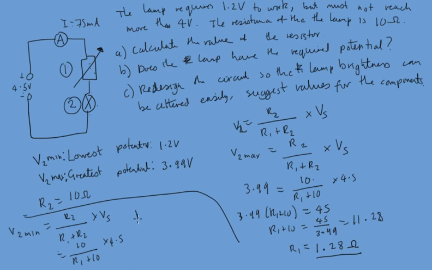So we end up with R1 as 27.5 ohms. And that would give you the minimum value for the lamp to work. So this would be our new circuit diagram, and the resistance would be between 1.28 and 27.50 ohms for the circuit to work. So hope that helps.